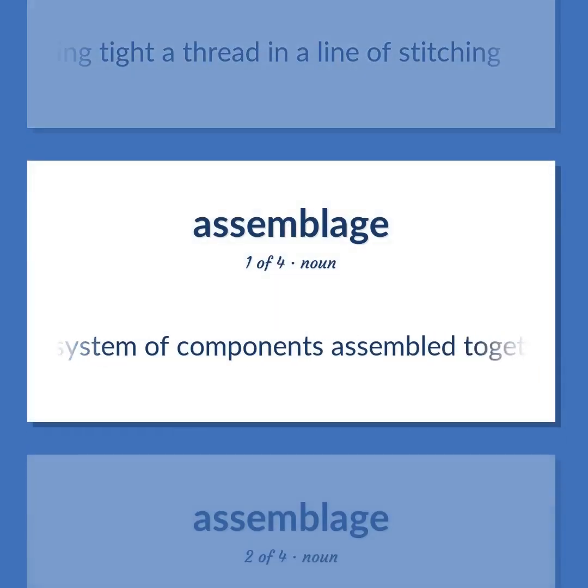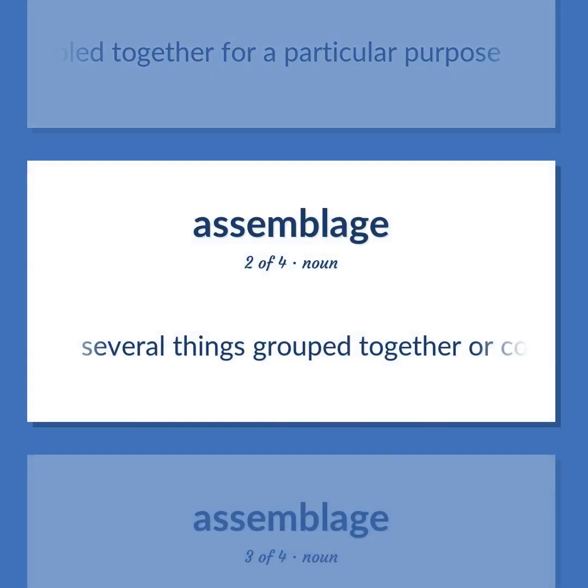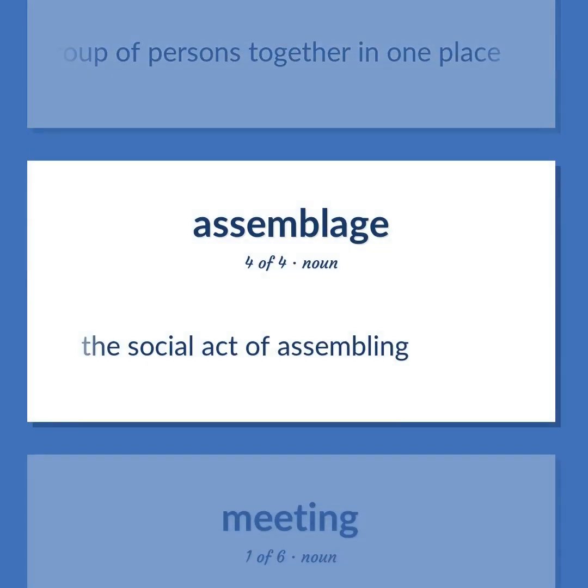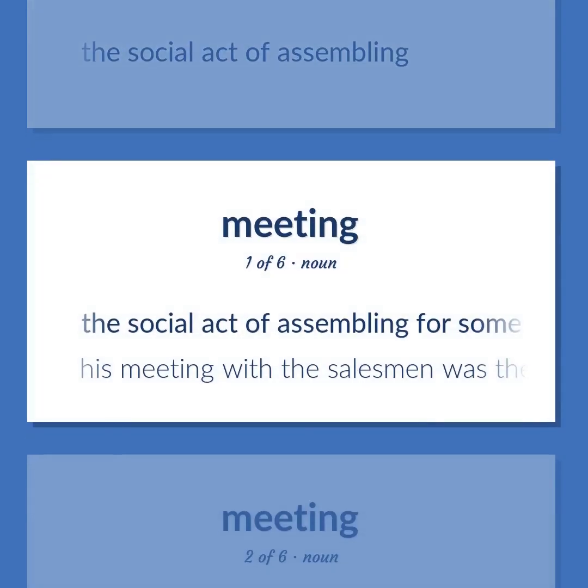A system of components assembled together for a particular purpose. Several things grouped together or considered as a whole. A group of persons together in one place. The social act of assembling. The social act of assembling for some common purpose.